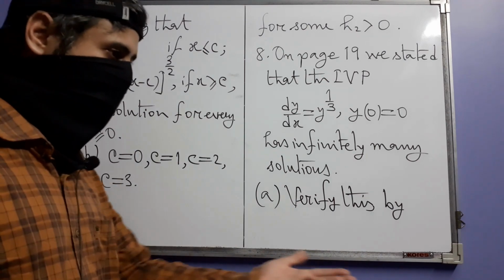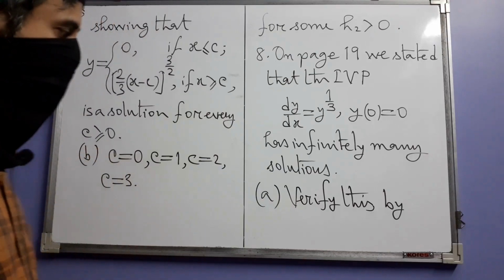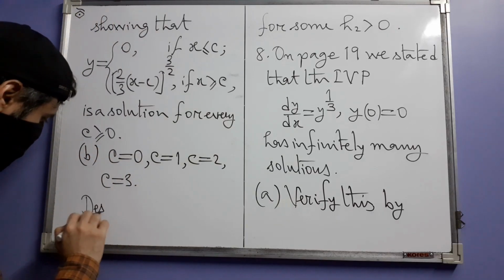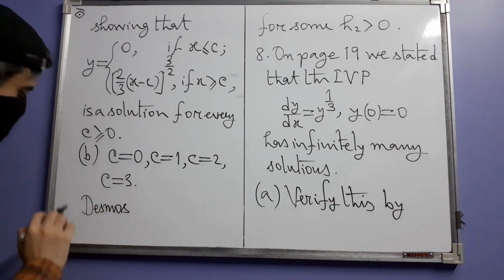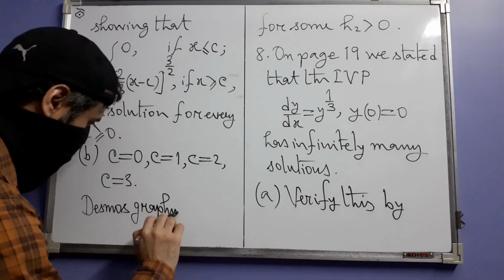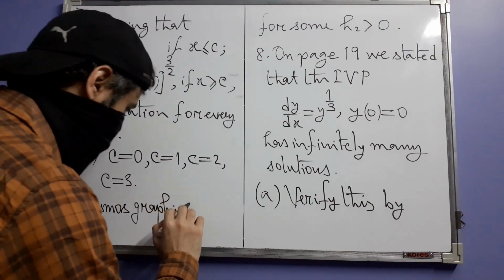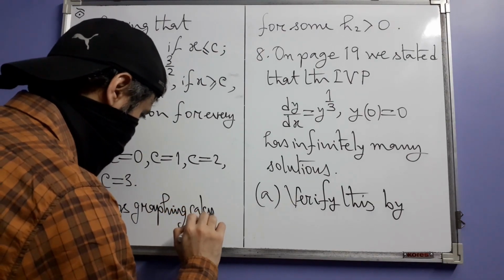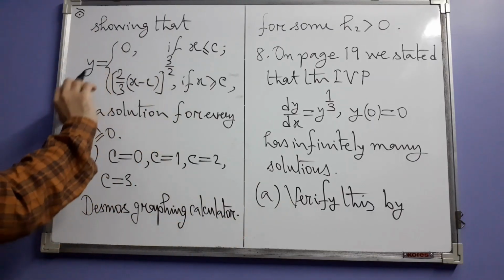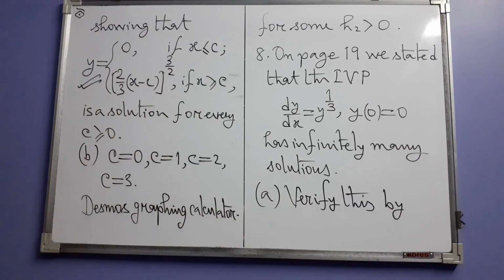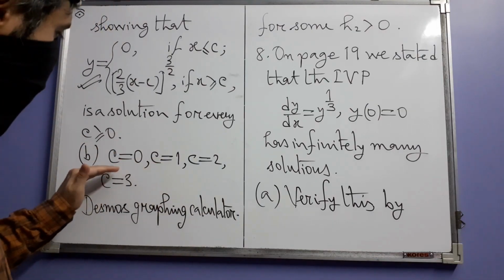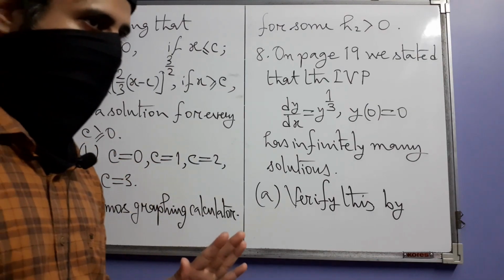If you want, you can do it on graph paper, or a better option is to go to Google and type Desmos graphing calculator, and straight away you just write the equation there, it will give you the graph. In fact, you can draw all 4 graphs simultaneously.